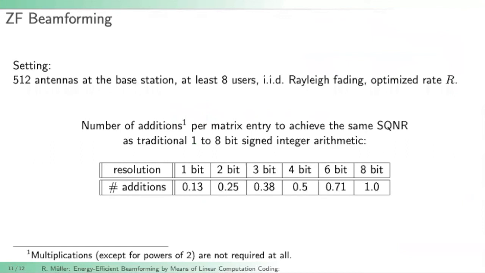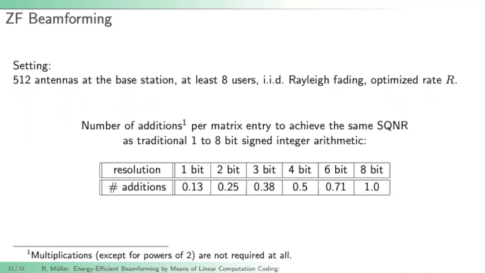Let me now give an example of digital beamforming. Consider an antenna array setting with 512 antennas at the base station and at least 8 users out there with IID Rayleigh fading and an optimized rate parameter R. Then the number of additions per matrix entry, which we require to achieve the same signal to quantization noise ratio as in the traditional signed integer arithmetic, is given in the table below.